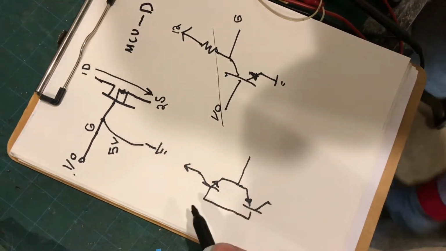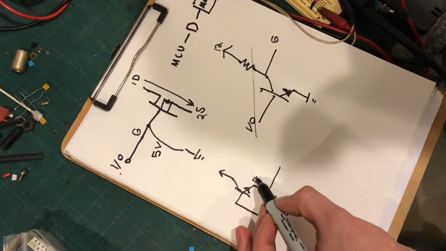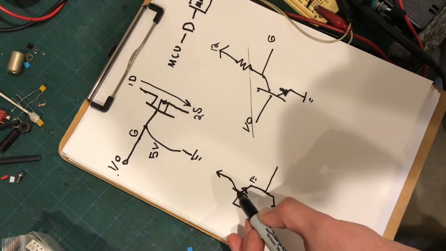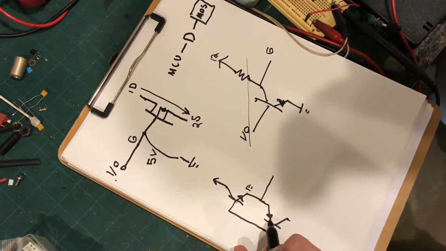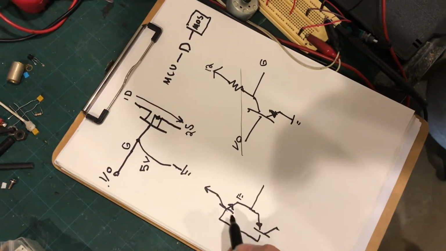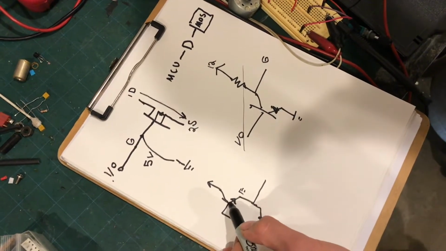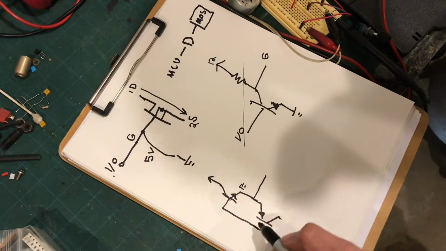So the NPN transistor has the arrow on the emitter pointing away from the base, and on the PNP transistor it's pointing towards it. That just shows the direction that current has to flow from base to emitter in order to turn on the transistor.